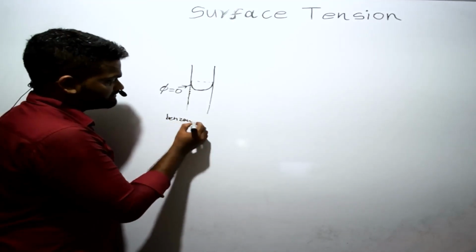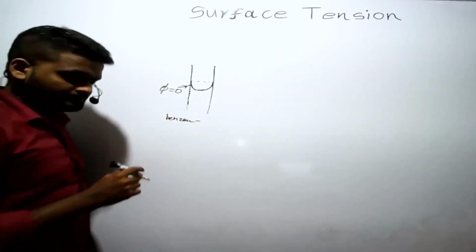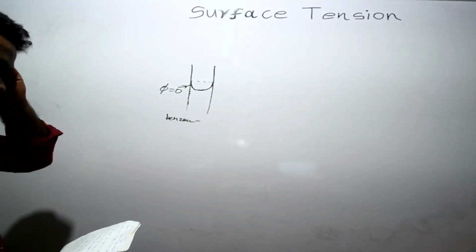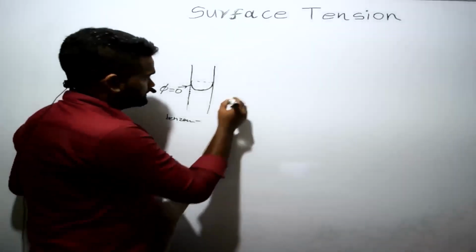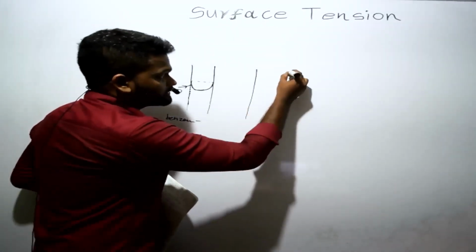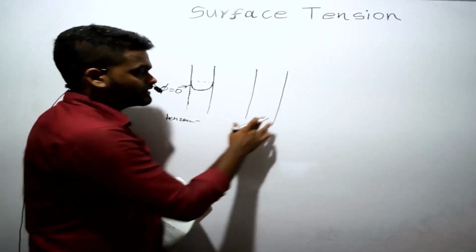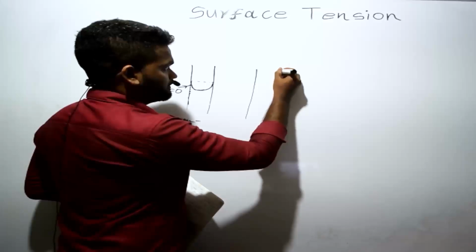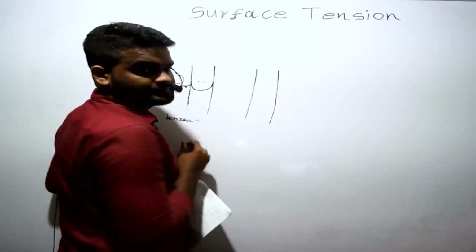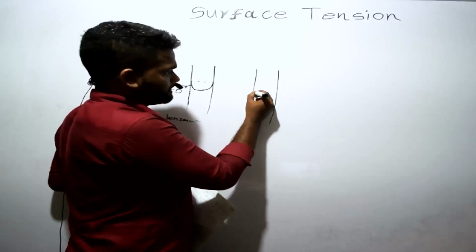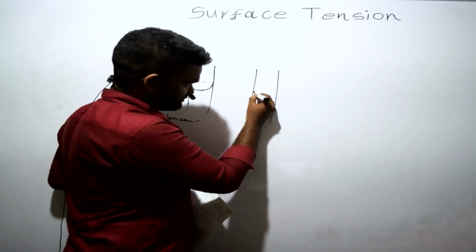Here you have the benzene. Then in the next tube you put water. It is almost hemispherical, almost like this.